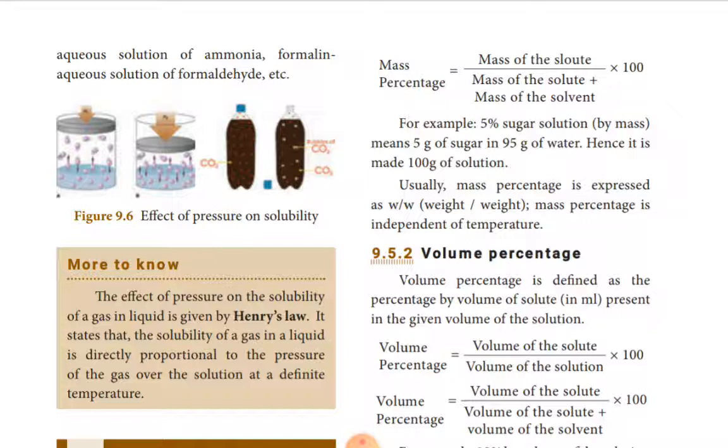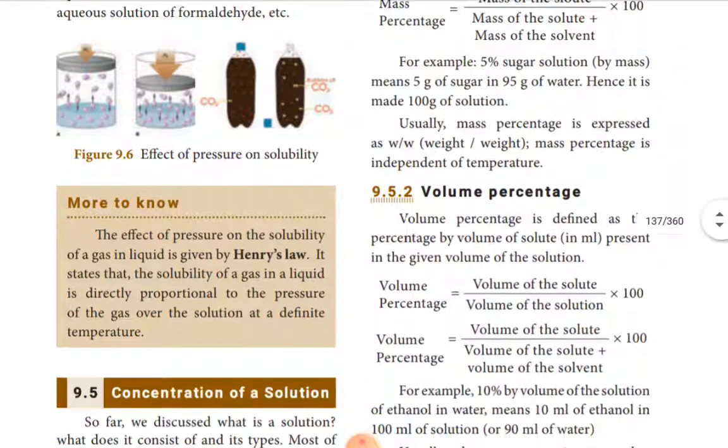You can cancel 100, which gives 5% sugar solution. So the mass percentage is 5%. Usually mass percentage is expressed as W by W, weight per weight. Mass percentage is independent of temperature.